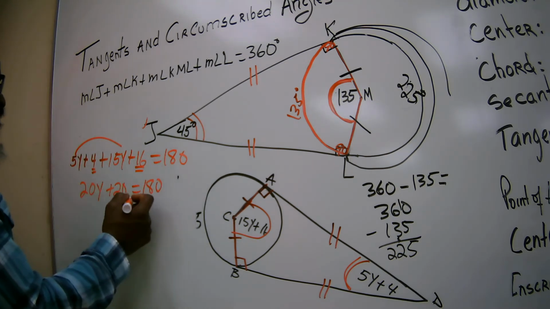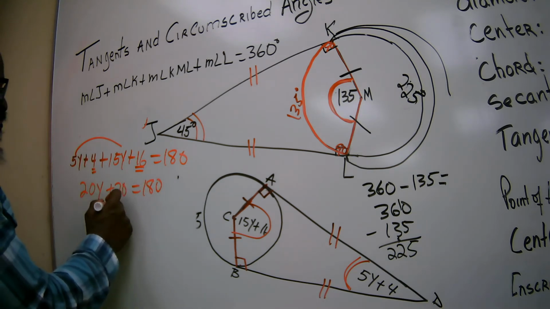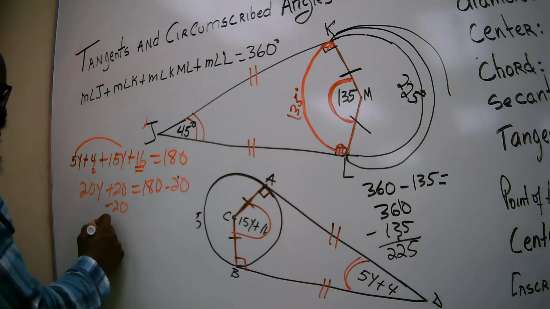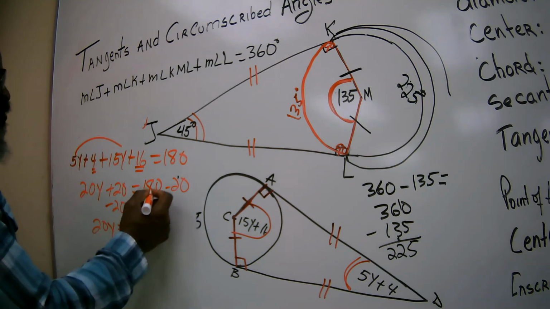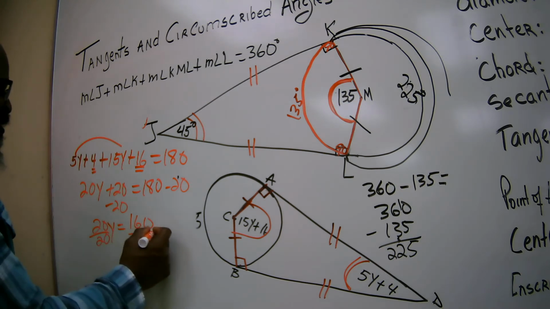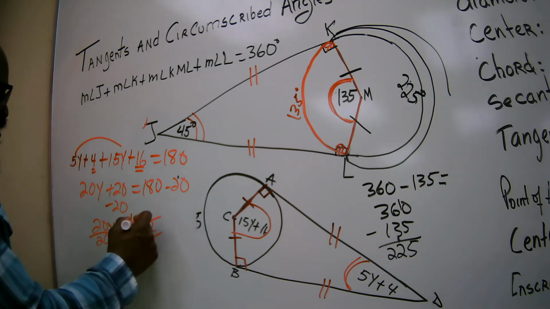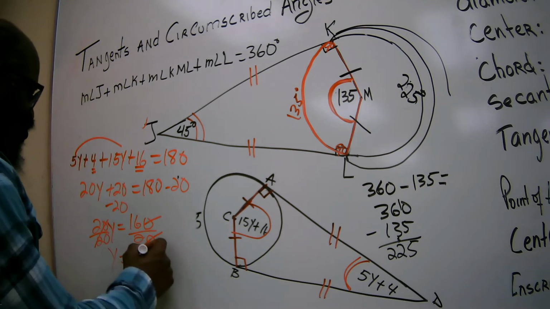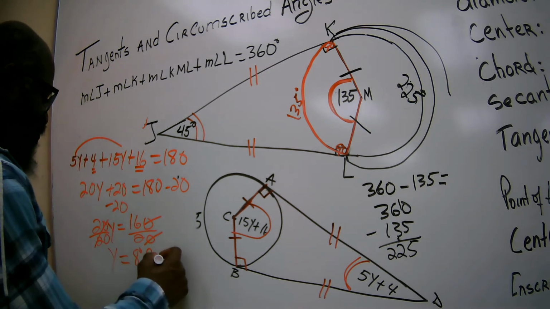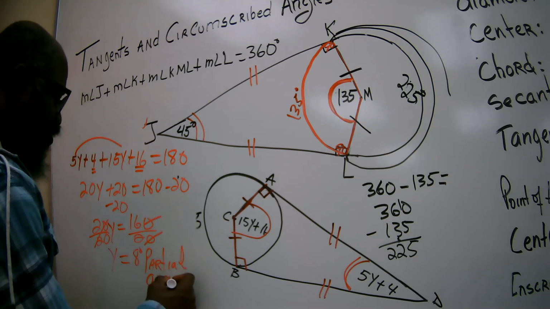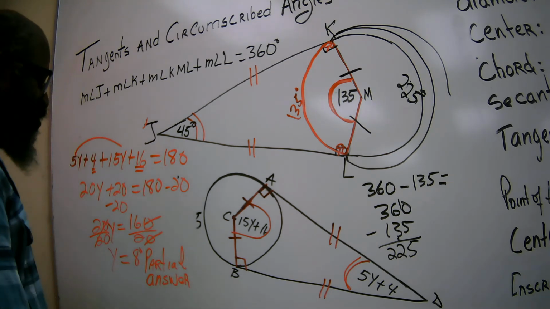You could divide and simplify that, but some of you will not do that. So we'll have 20y is equal to 160. Then you divide by 20, and those zeros cancel each other. Then you have y is equal to 8 degrees. Remember, this is your partial answer. This will guide you to find your final answer or your total answer.